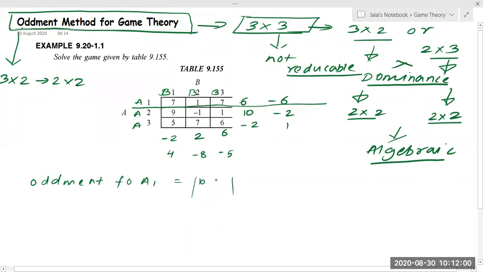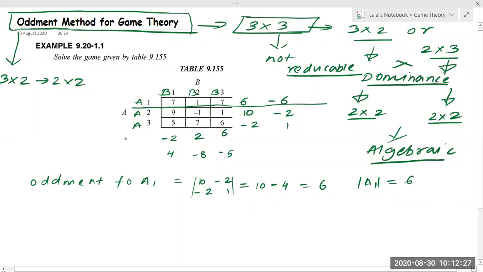So 10, minus 2, minus 2, 1. Taking the determinant, 10 minus minus 2 into 2, 4, will be equal to 6. If it is positive, keep it positive. If it is negative, take the mod of A1 and make it positive.